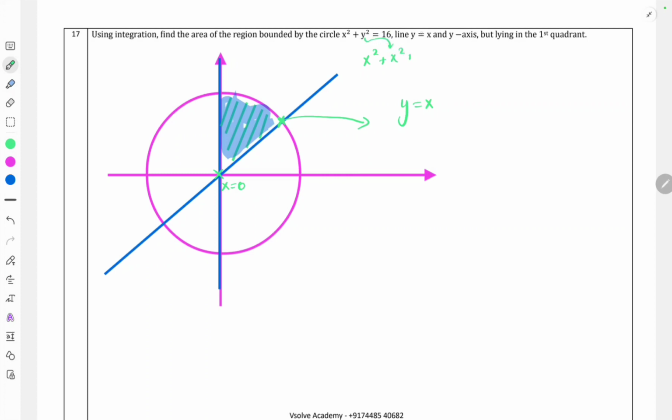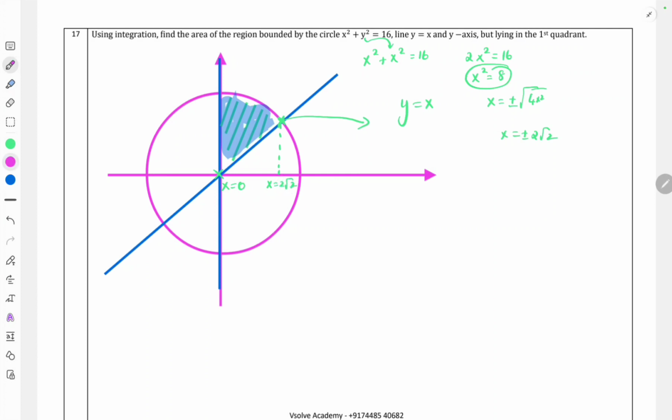So x square plus x square equal to 16, which means 2x square equal to 16. So x square will be equal to 16 by 2, which is 8. So x will be equal to plus or minus root 8. What is root 8? I can write this as 4 into 2. So it will be x equal to plus or minus 2 root 2. And here we need only the first quadrant, so this coordinate will be x equal to 2 root 2.